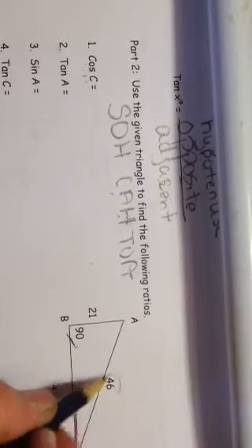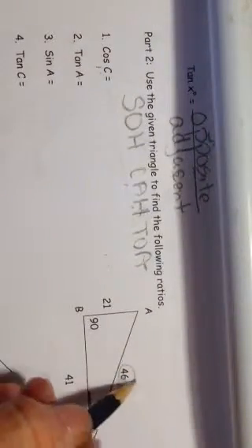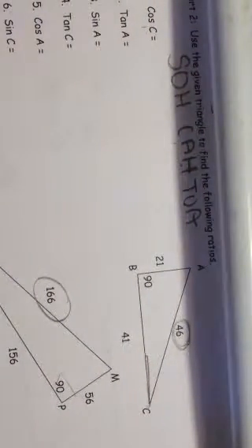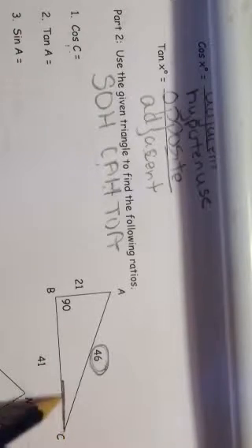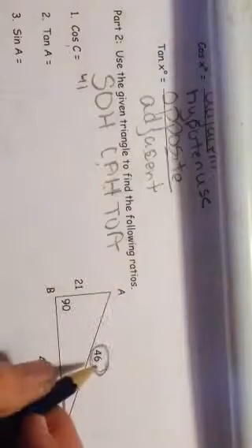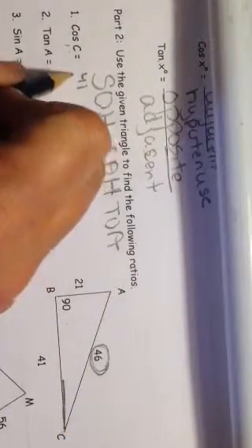Adjacent is what touches me, and hypotenuse is always across from the 90-degree angle. I always like to circle my hypotenuse. So here's 90, here's hypotenuse. That way I don't ever confuse it for opposite or adjacent. So adjacent is 41 over hypotenuse, which is 46.